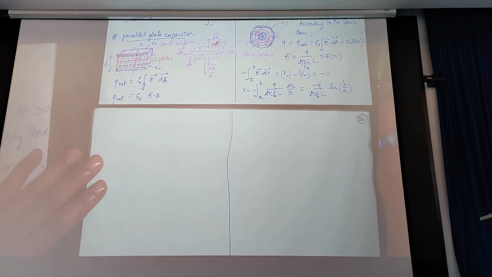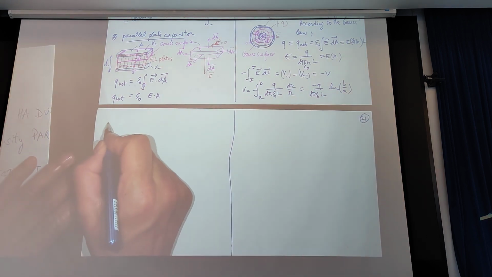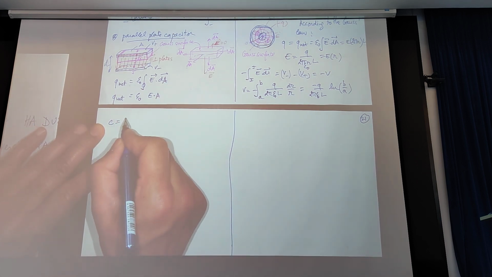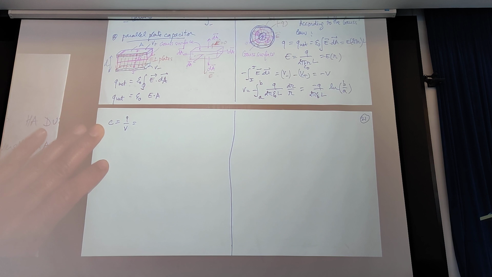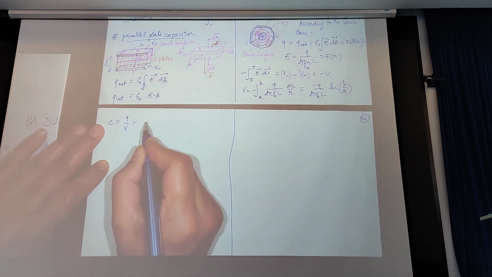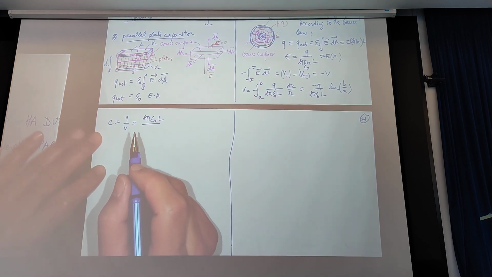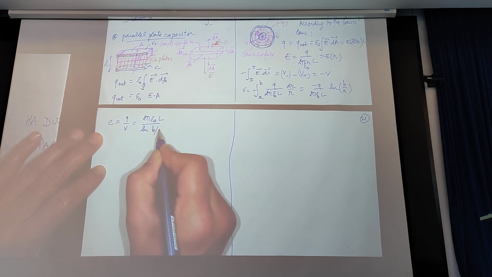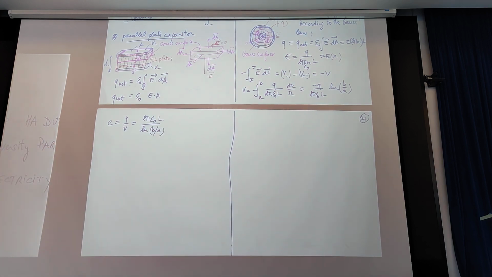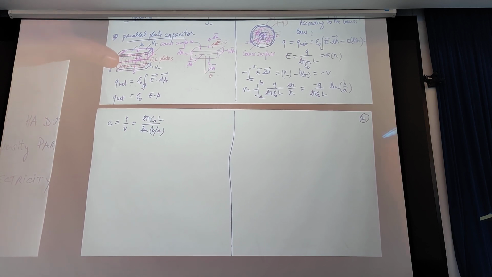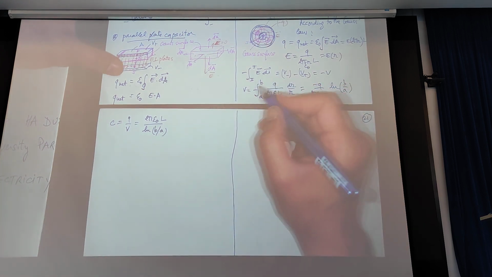So at the end, the C is equal to Q over V, and if you did this, you obtain 2π epsilon 0 times the length, divided by, sorry, I made a sign mistake somewhere. Oh no, okay, there's 2 signs here, sorry.